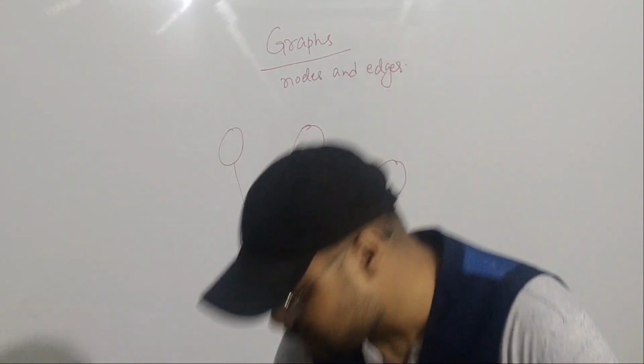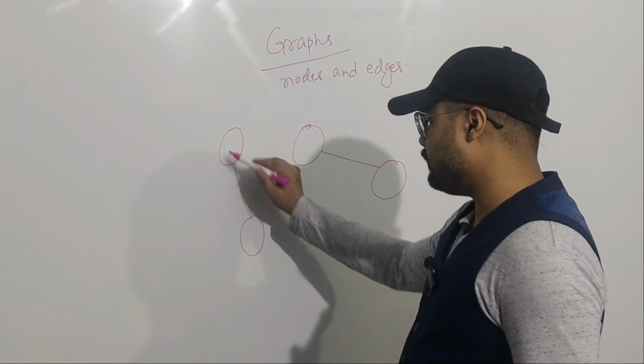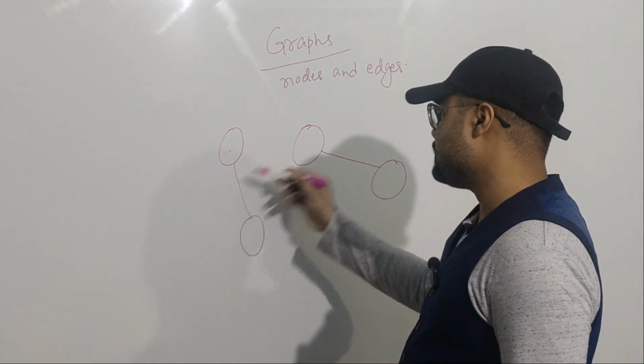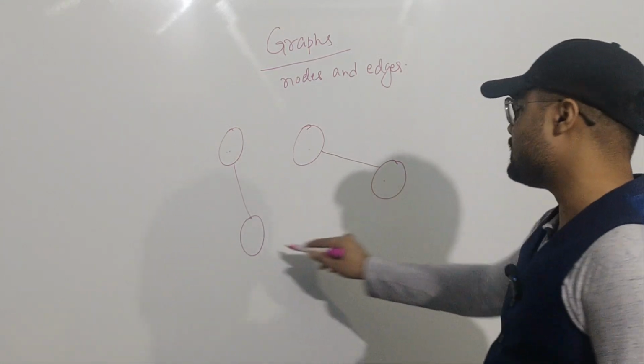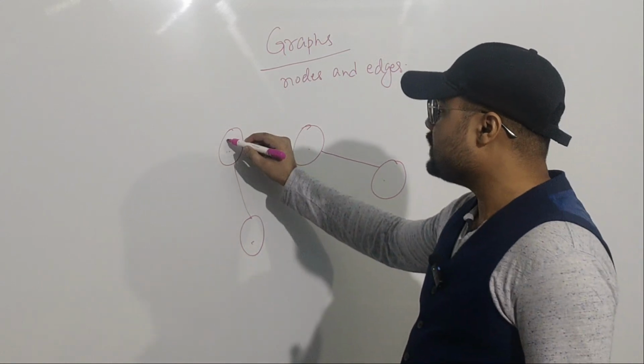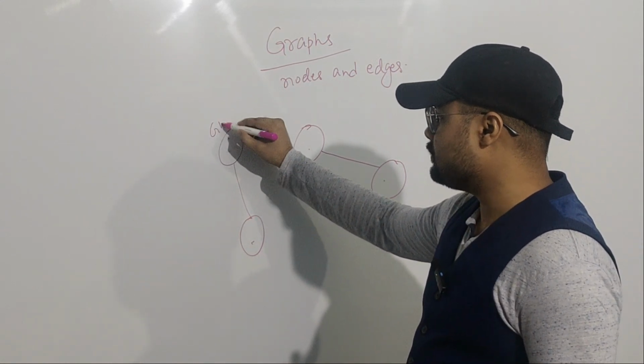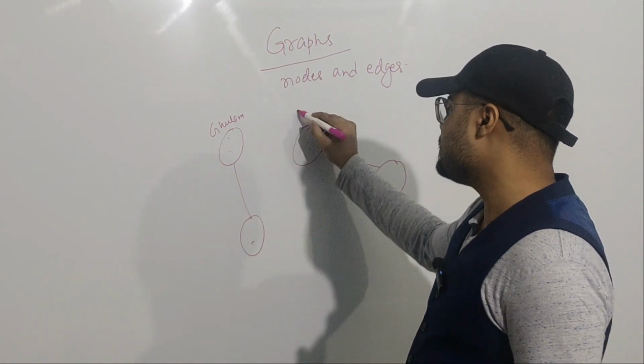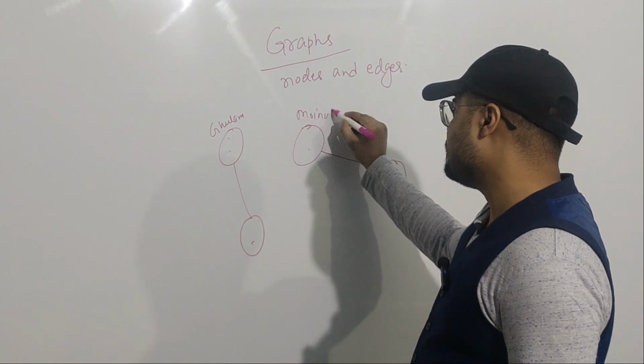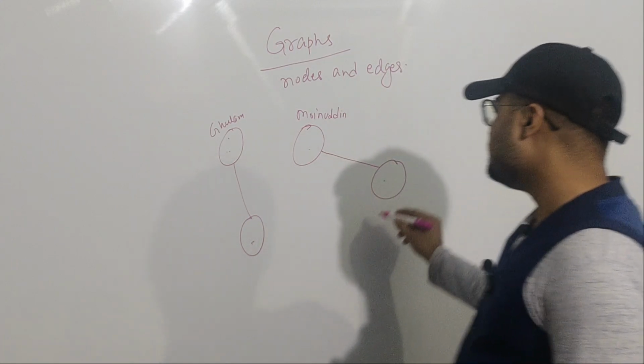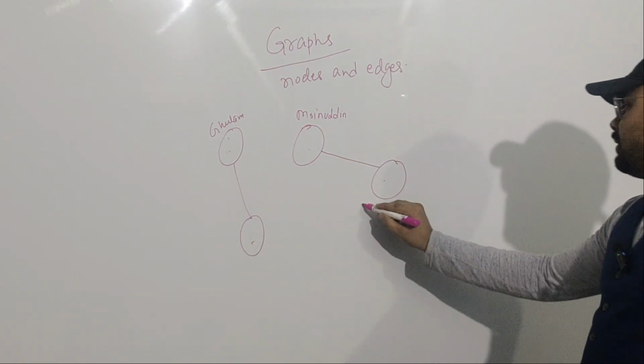Let's say this is one profile, one account of one person. This is another person, and another, and another. Let's say this person is Gulam, this person is Moinuddin, and this person is Ramesh.